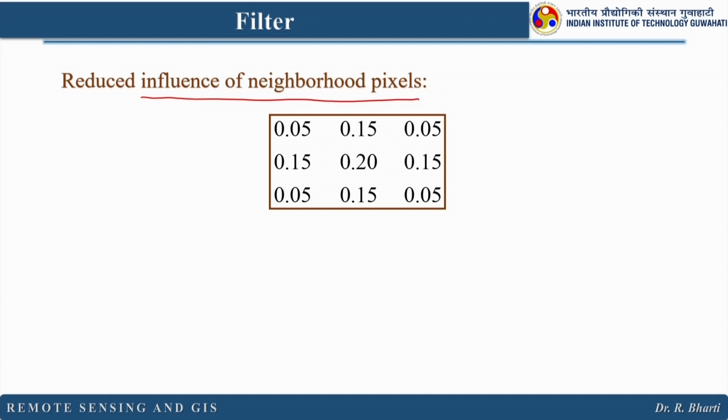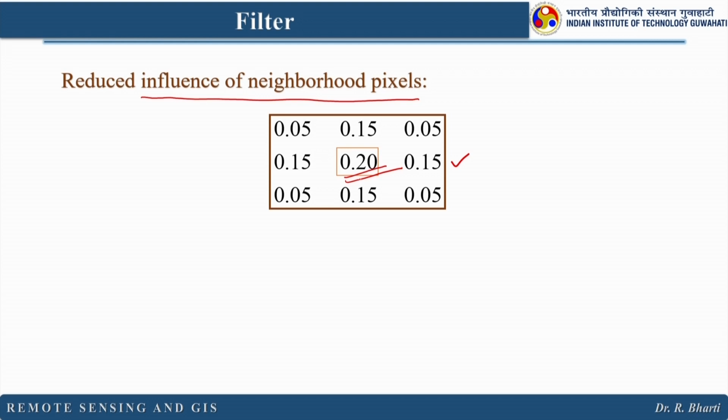We have weightage for all the 3 by 3 pixels, and if you see, the central pixel has got the maximum weightage. Why? Because we want to perform this filter on the central pixel. The value whatever we get will be used to replace this particular value 0.20.